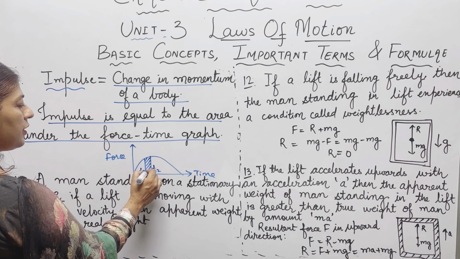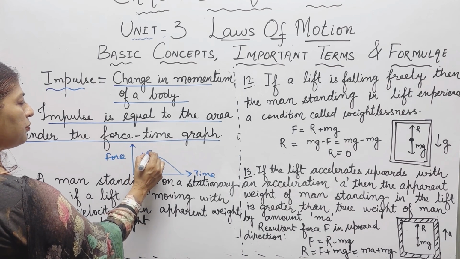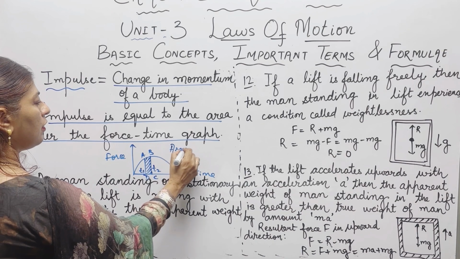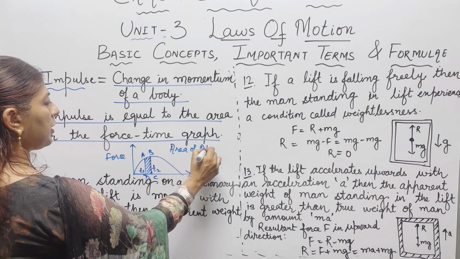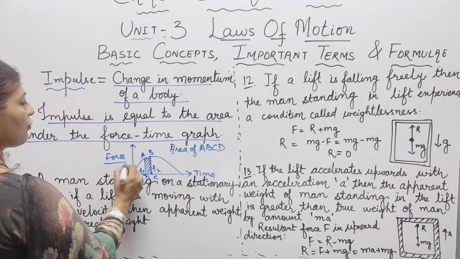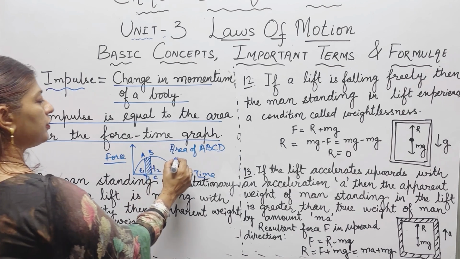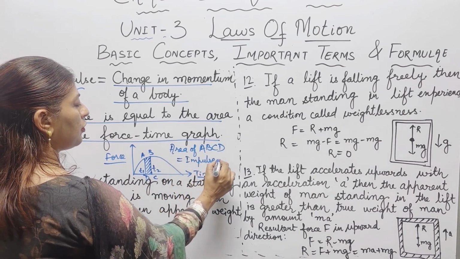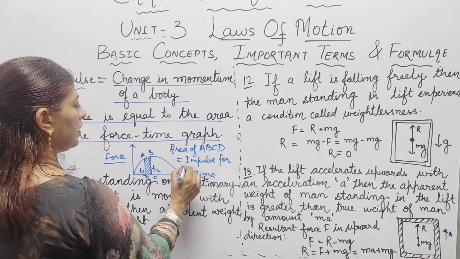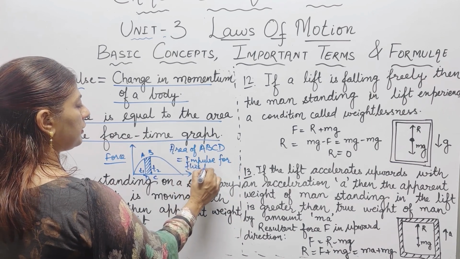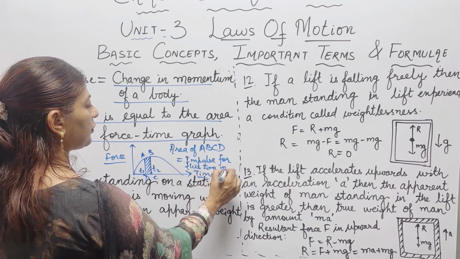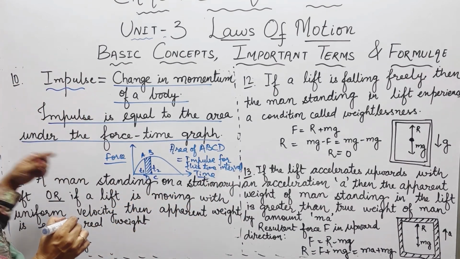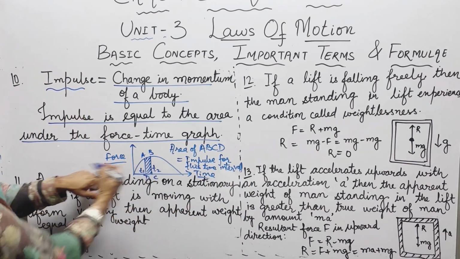Let the area under this strip be a, b, c, d. This is a force-time graph, so the area of a, b, c, d will be equal to the impulse for this time interval, and that time interval is t2 minus t1. So the impulse is equal to the area of this strip.